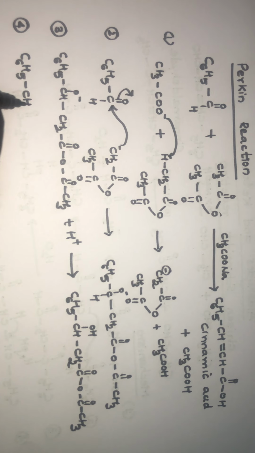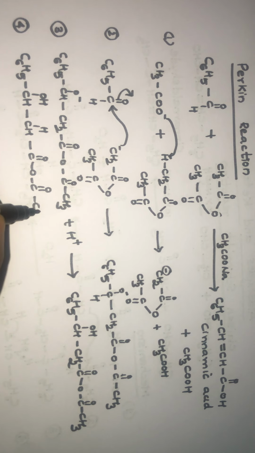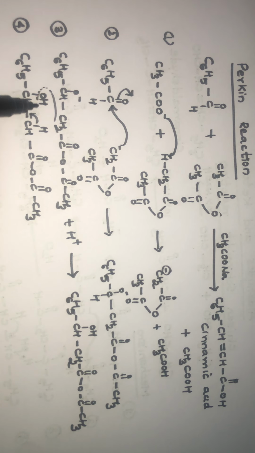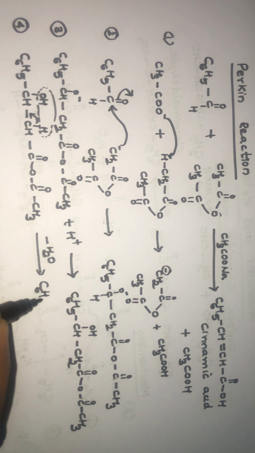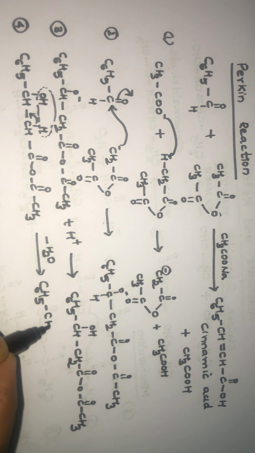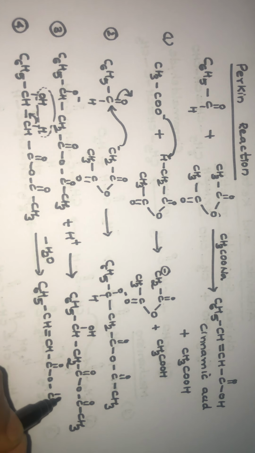Writing the same molecule, C6H5, CH OH, CH2, C double bond O, O, C double bond O, CH3, loss of water takes place. You get CH double bond CH, C double bond O, O, C double bond O, CH3.